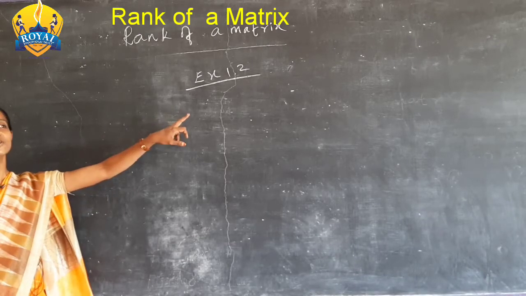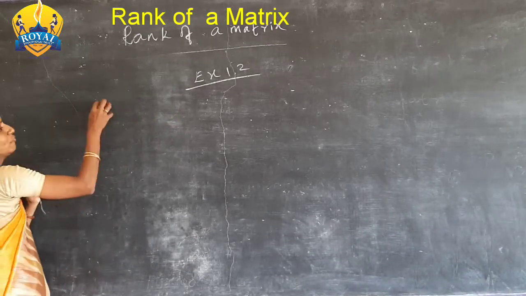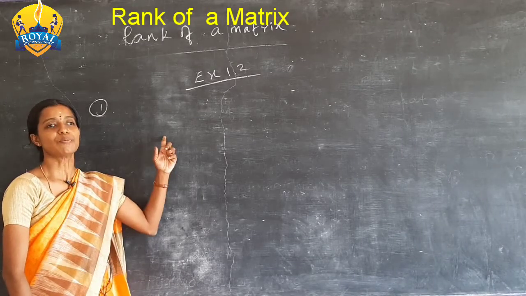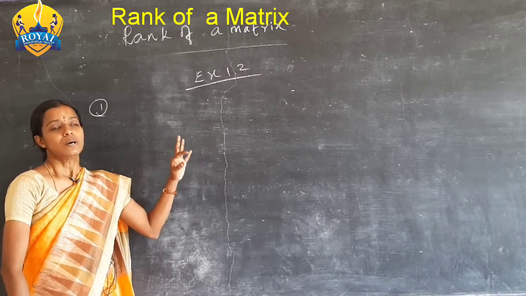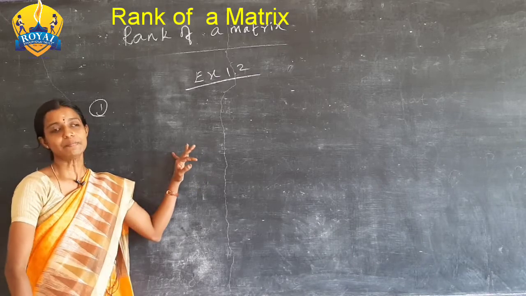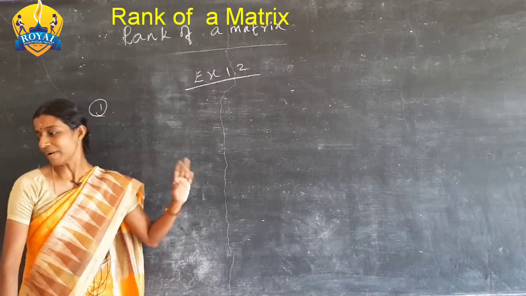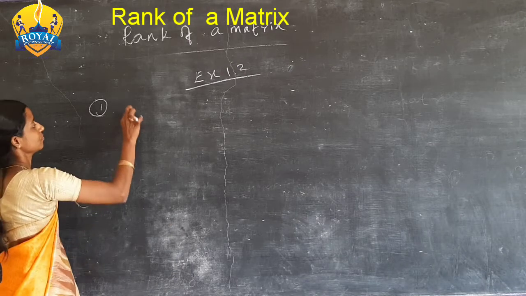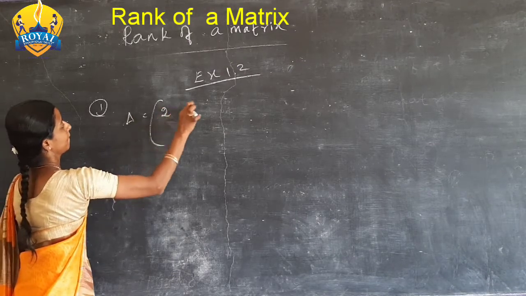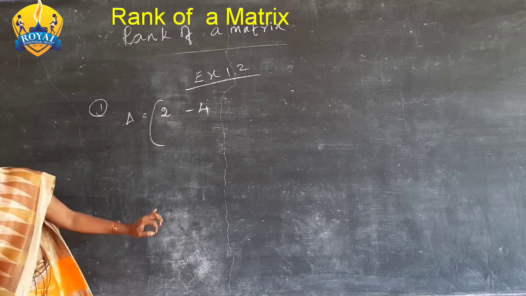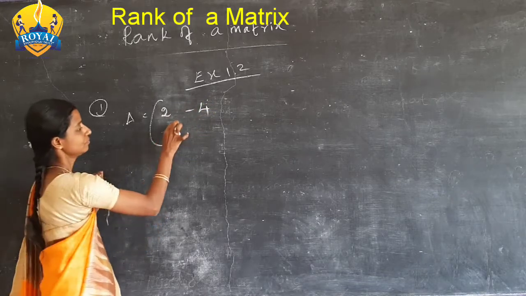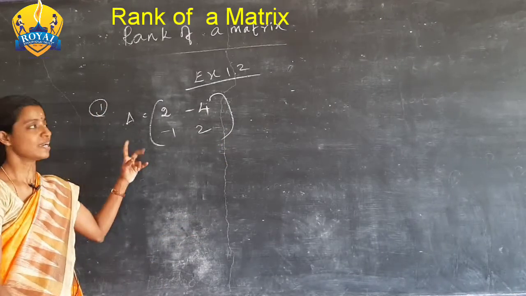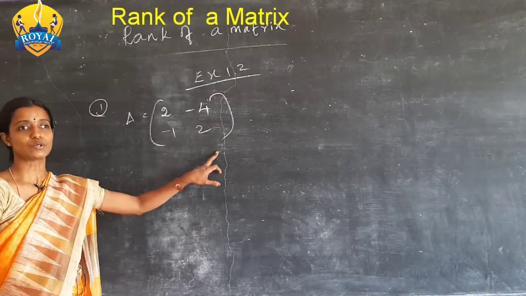Now, let us enter into exercise 1.2. Here, the first problem asks us to find the rank of a matrix using the determinant method or minor method. My first problem is: I have a matrix A, 2 minus 4 minus 1 2.